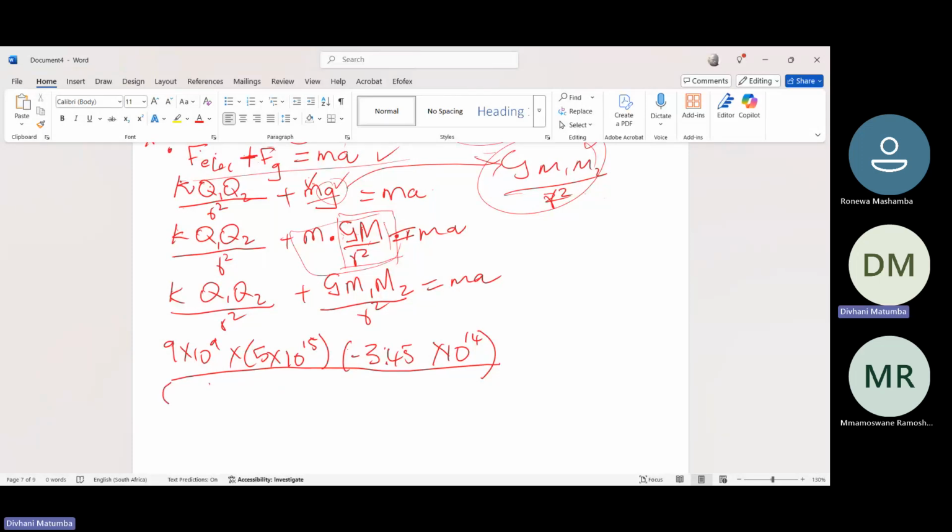Okay, so what will be my r? What will be my value of r?